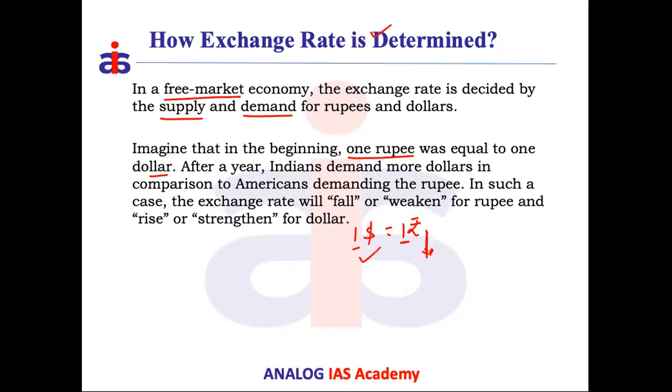So this is what is called demand and supply. When more people are demanding dollars compared to rupees, then the dollar value is increasing, or maybe the rupee value is falling. Okay, so this is simply how the exchange rate is determined.